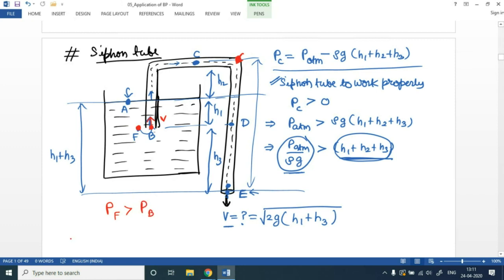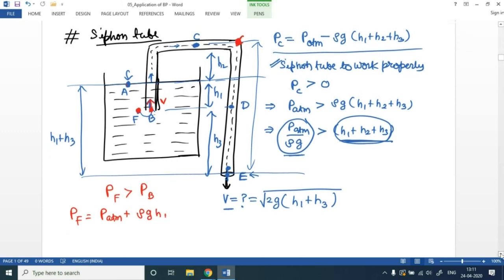Okay, and the pressure at F, you can simply write by comparing these 2 points. The pressure at F is nothing but PATM plus rho g H1. And for the pressure at B, what you need to use is Bernoulli's principle between B and E, because here the velocity is v, the same kinetic energy per unit volume.